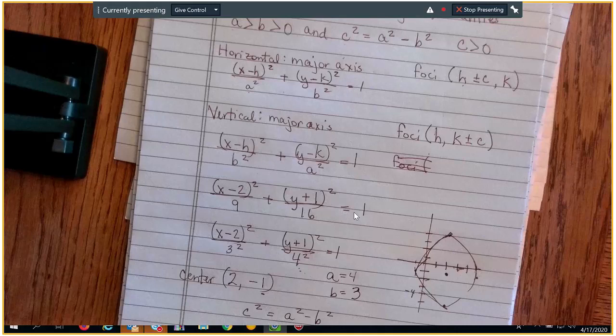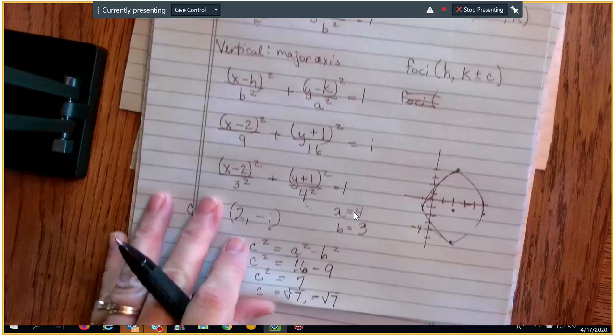So we have c squared equals 16 minus 9, which is 7. So c squared equals 7, and c is going to equal the square root of 7 and the negative square root of 7. Oh, can't see my work, sorry.